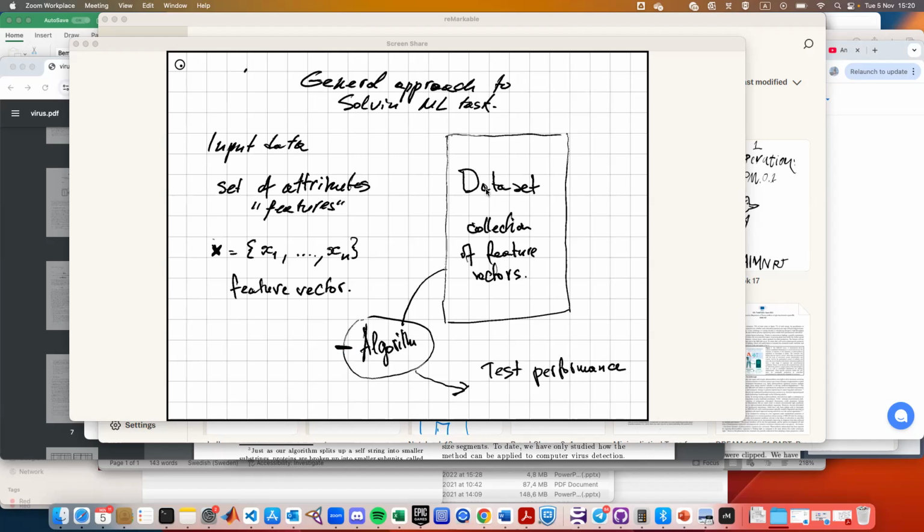So I probably need to annotate here that the task of an ML engineer is to select the best configuration of hyperparameters.